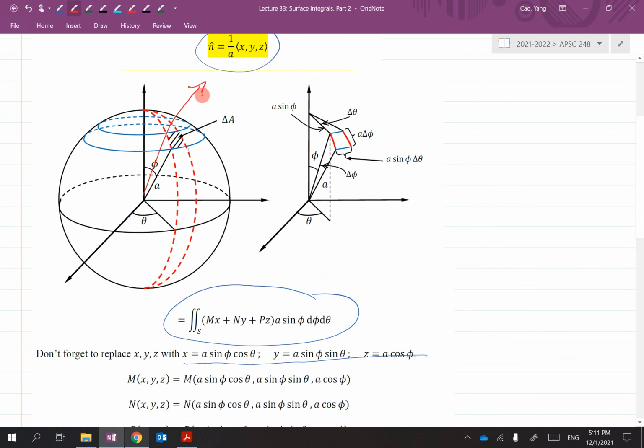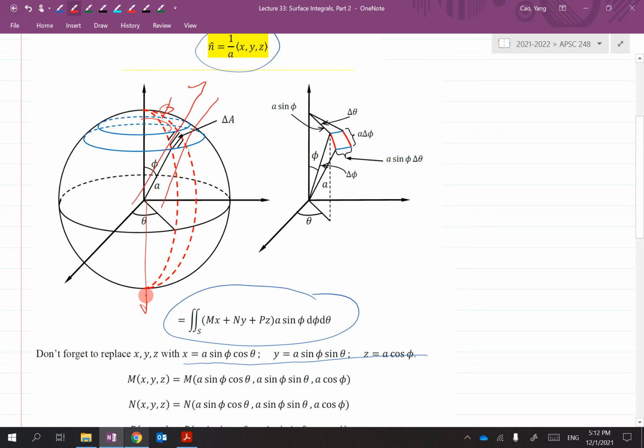The first step is to find the rho, but now you don't have to worry about that. The second step is to look for the phi limits. Phi is the angle between the z-axis and the line that you had just drawn. So starting from the z-axis and rotating all the way down to the bottom negative z-axis.